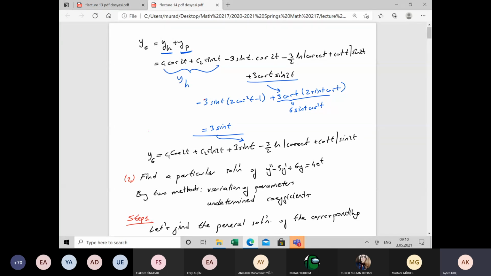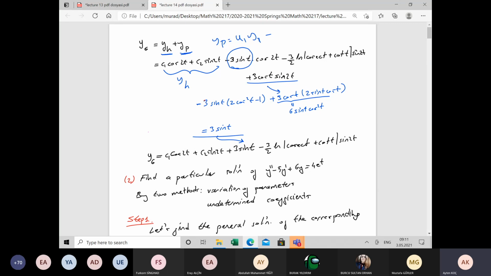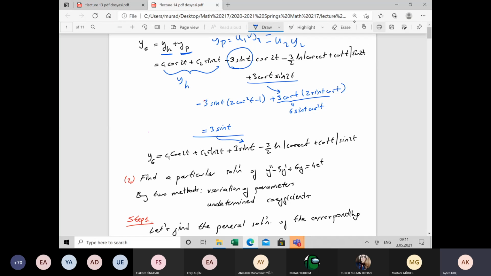The second one, the particular solution, here, u1 y sub 1 plus u2 y sub 2. It's okay.